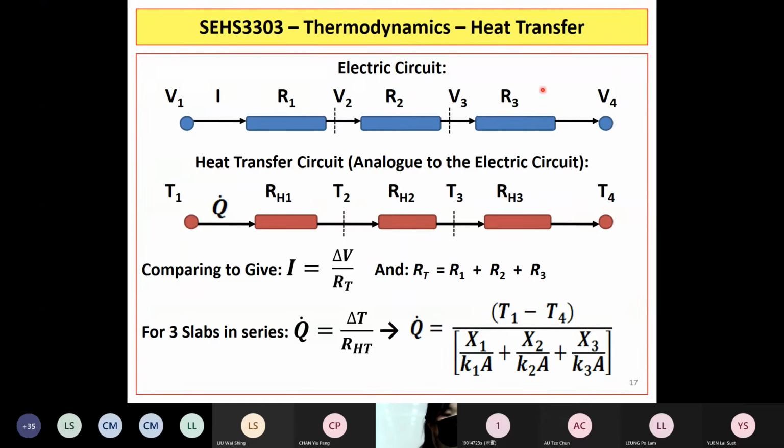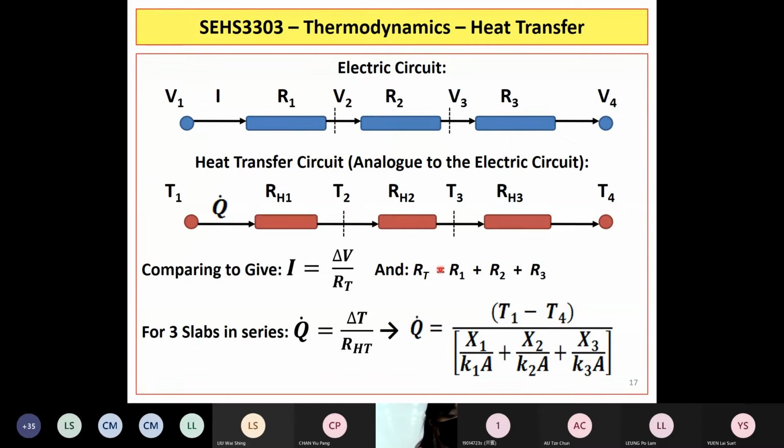Here we have three resistors. So we use I, the current, equals the drop of the voltage divided by the total resistor.